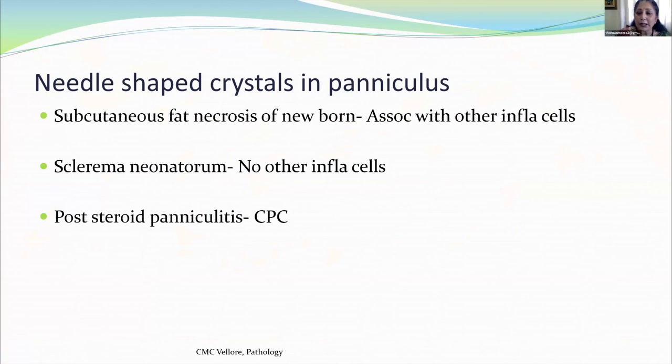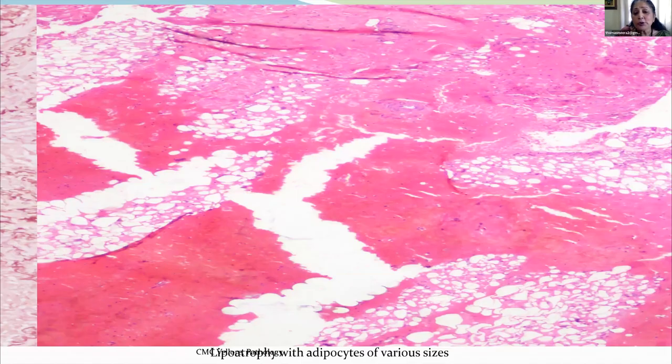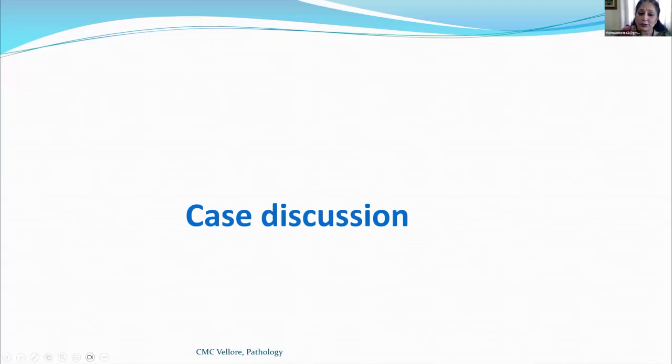And post-steroid panniculitis can look exactly the same, but you need to have a good clinician telling you the history of an injection or steroid use at that site to know if it's post-steroid panniculitis. You can also have atrophy of adipocytes, making it smaller in size with hemorrhage in lipoatrophy.